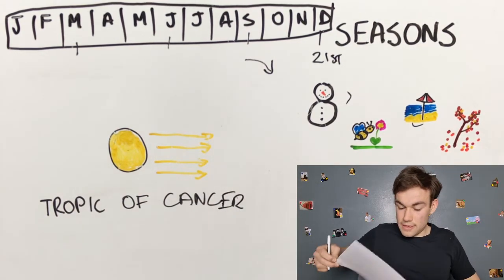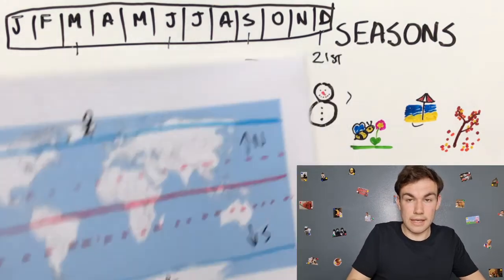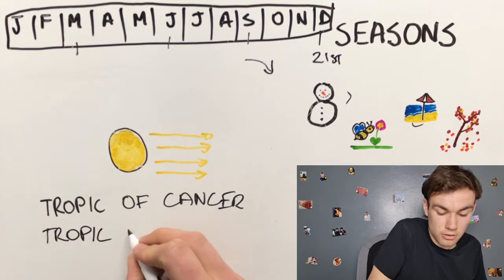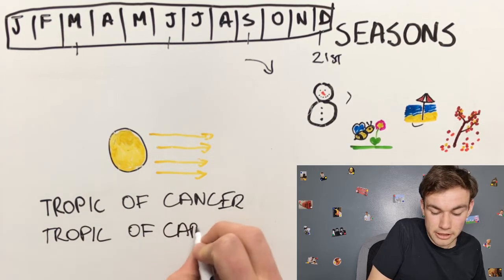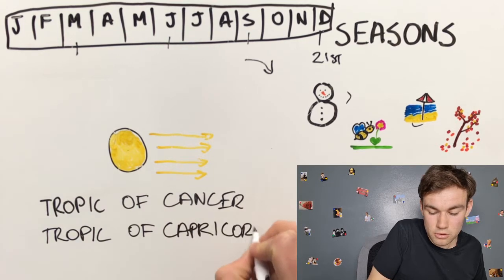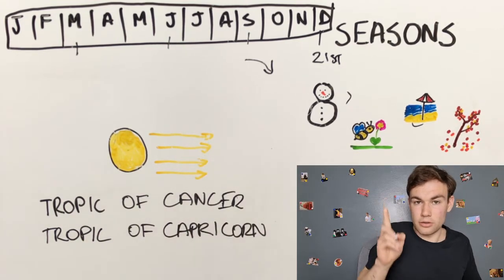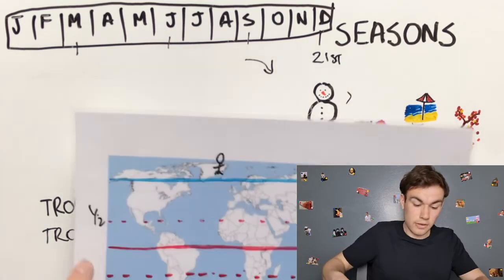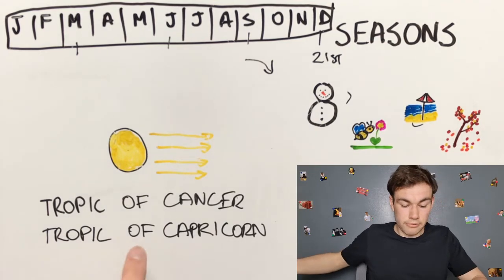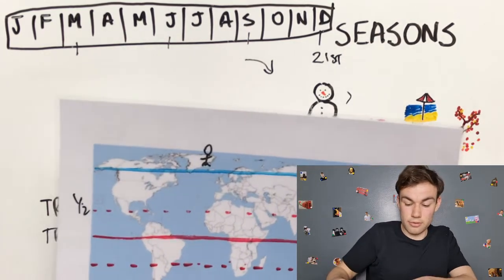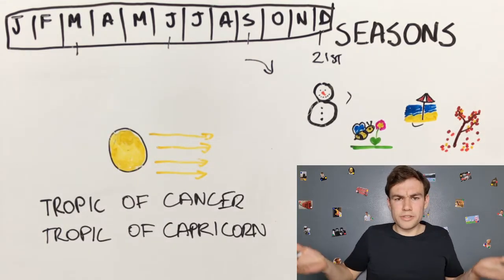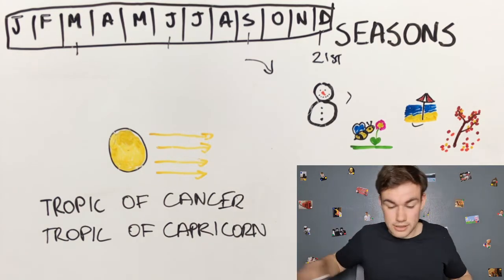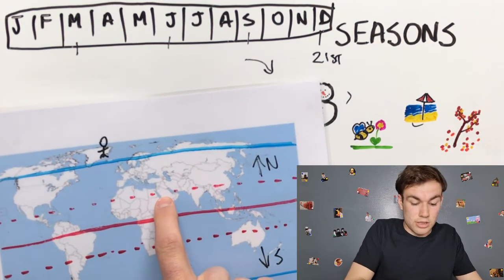And this line here is the Tropic of Capricorn. Tropic of Cancer is the northern line, north of the equator, and the Tropic of Capricorn is the line south of the equator. What do these two lines represent? Oh, interesting. Straight line, dotted line.